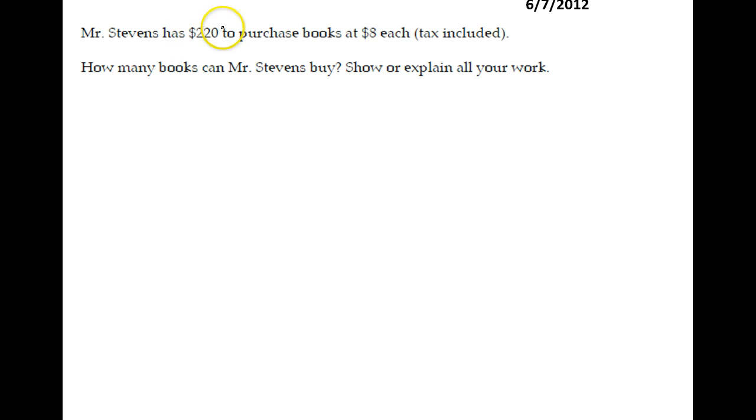Mr. Stevens has $220 in his pocket, and he's going to purchase some books. And the books cost $8 each, including the tax. How many books can Mr. Stevens buy? He's got $220 in his pocket, and each book costs $8.